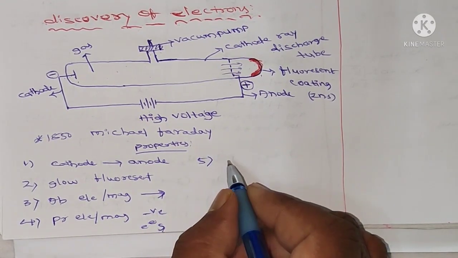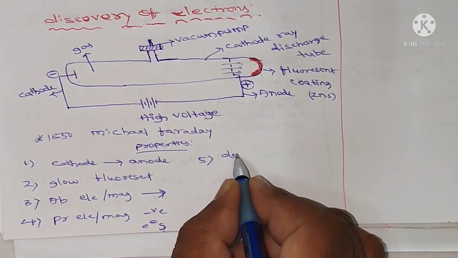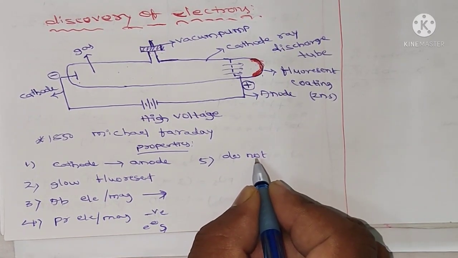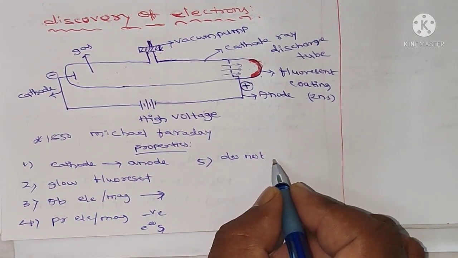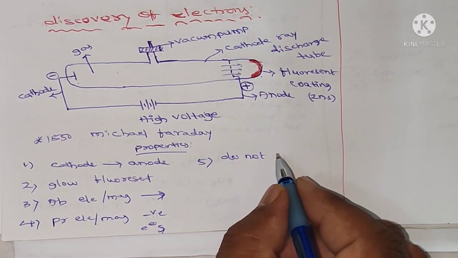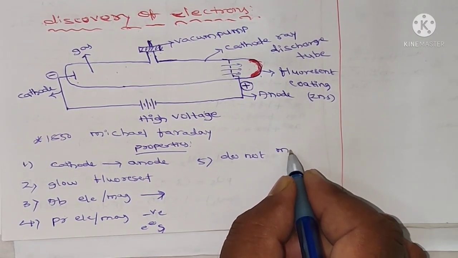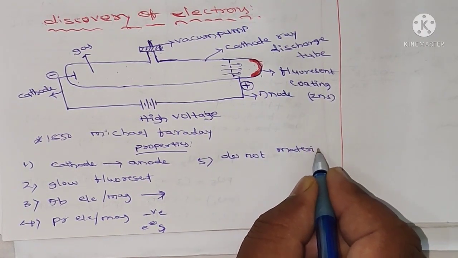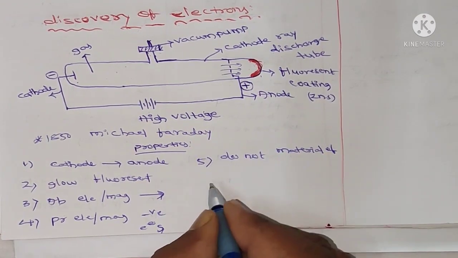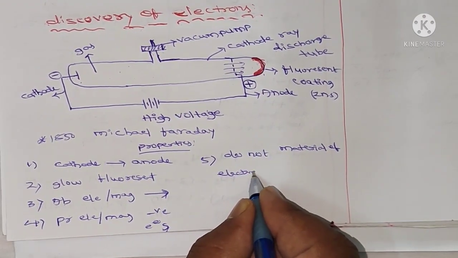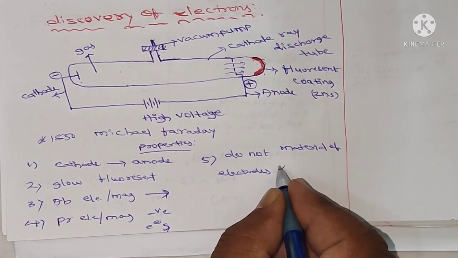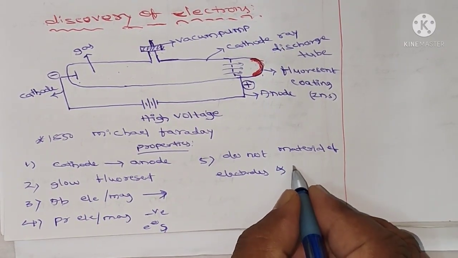The characteristics of cathode rays do not depend upon the material of the electrodes or the nature of the gas.